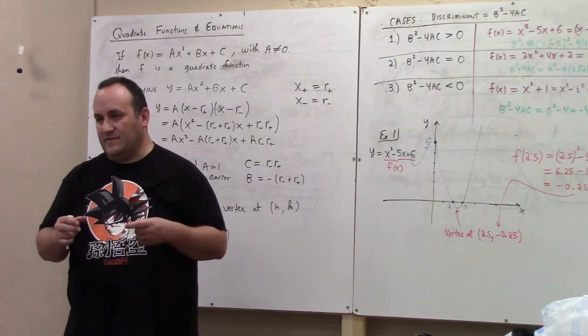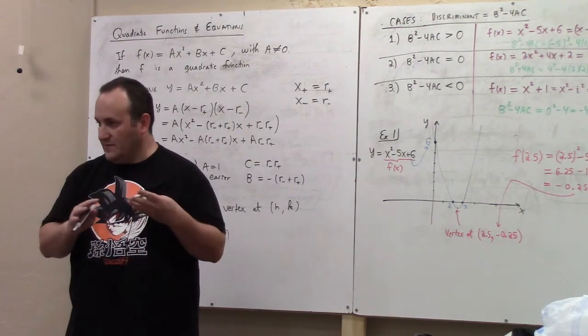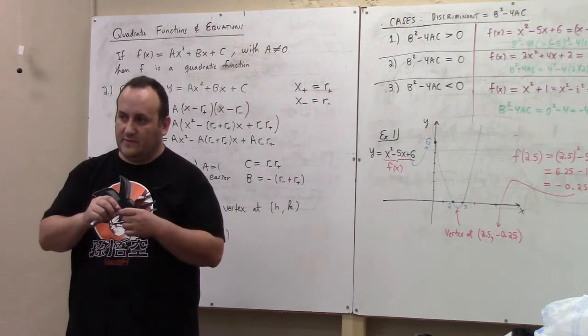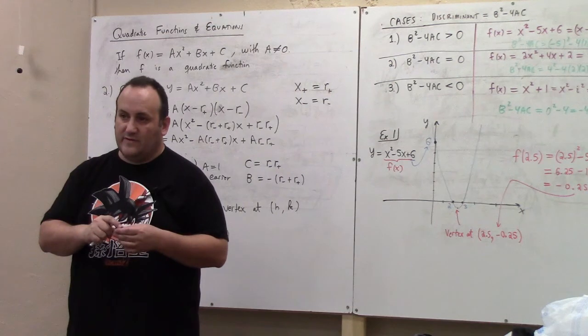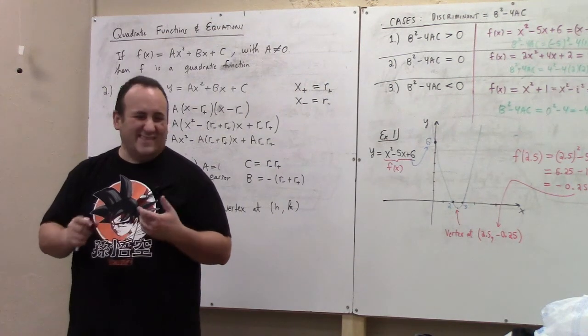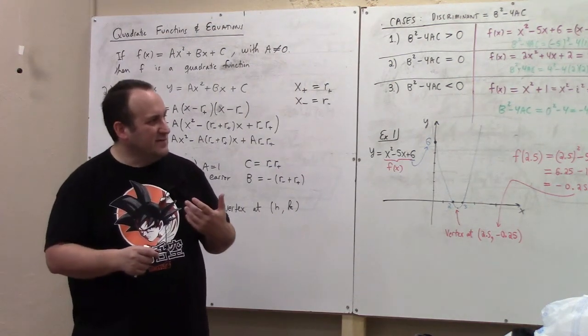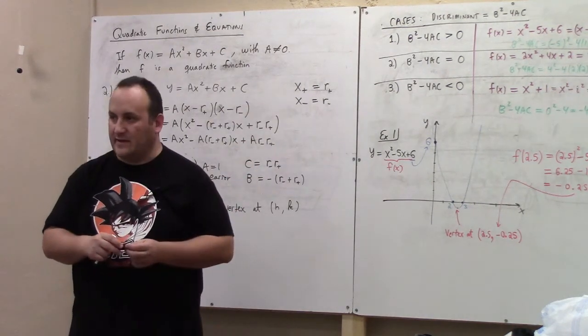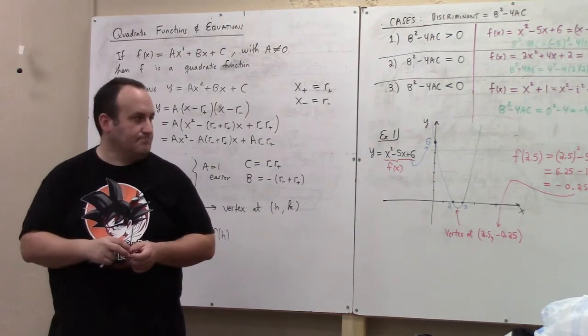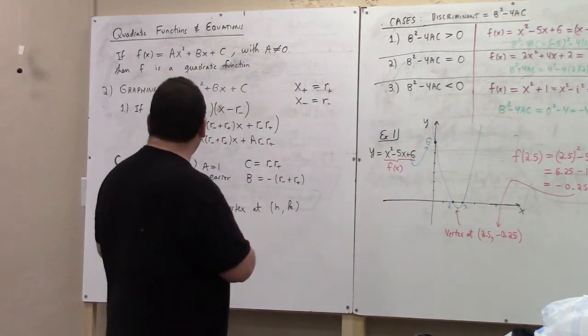It's either at the average of the roots, if they exist, or it's where the graph bounces off the x-axis, if we're in the discriminant 0 case. Or in the case that it's complex, in case 3, then we have to think through where minus b over 2a is, and that'll tell us where the vertex is.